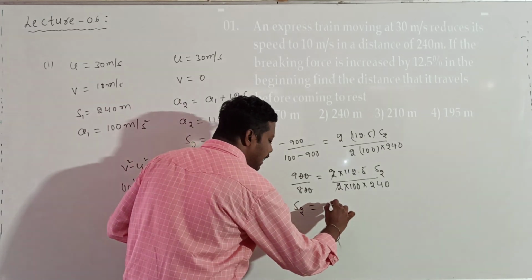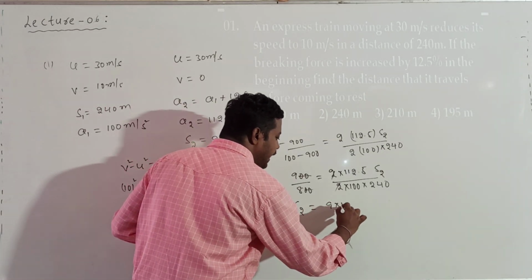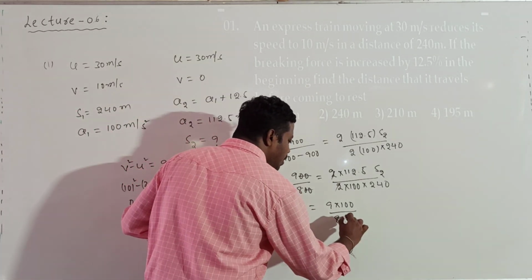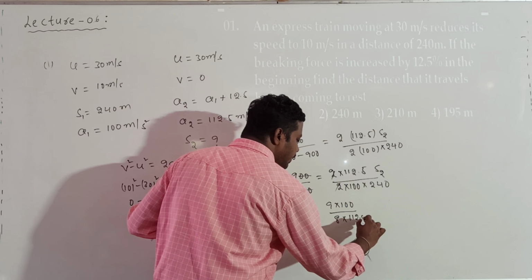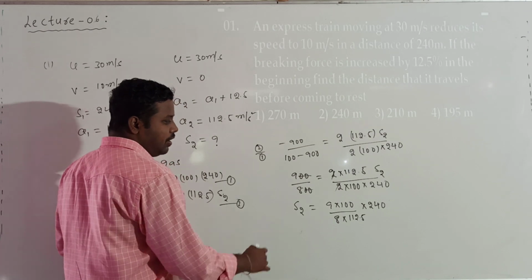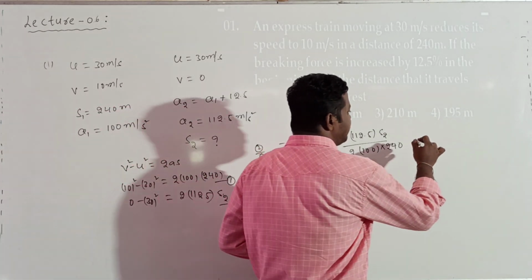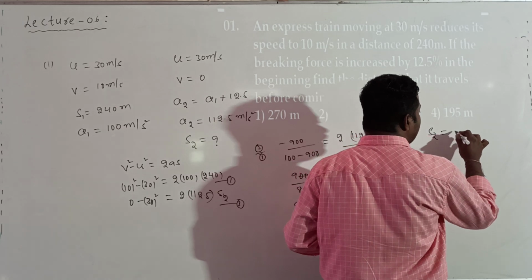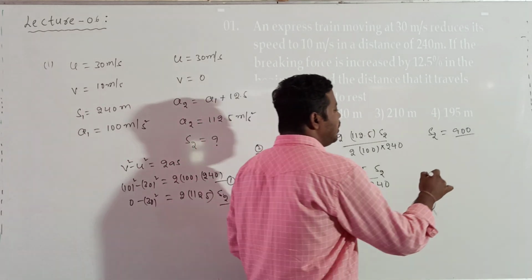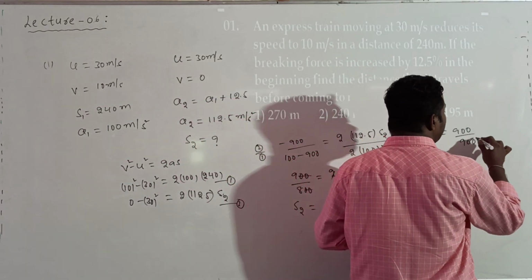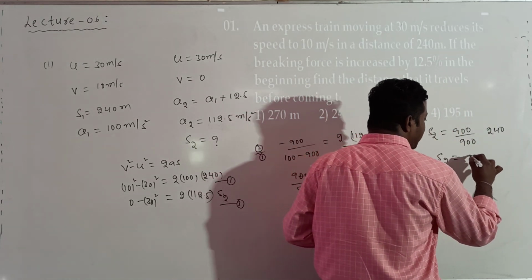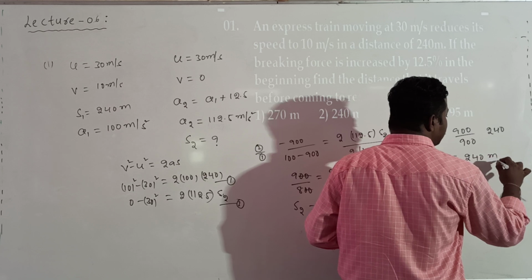Then s2 is equal to 9 into 100 divided by 8 into 112.5 into 240. So s2 is equal to 900 divided by 8 into 112.5, multiplied by 240. Therefore, what is the answer of s2? The s2 value is equal to 240 meters.